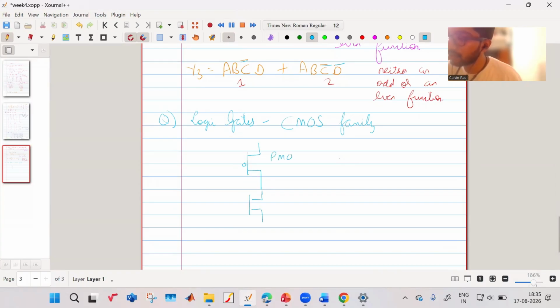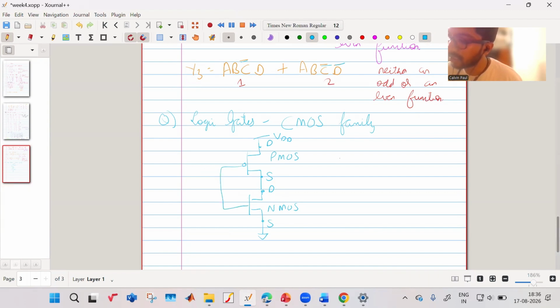So this is your PMOS, this is your NMOS, this is your drain, this is your source, this is the source of the switch, this is the drain of the switch, this is connected to your supply, this is connected to your ground, this is the gate, this is the gate, right?